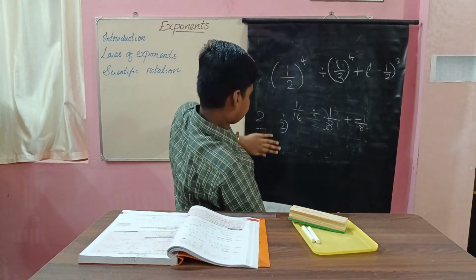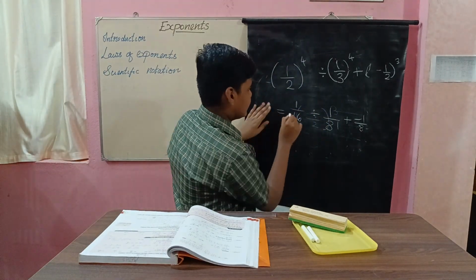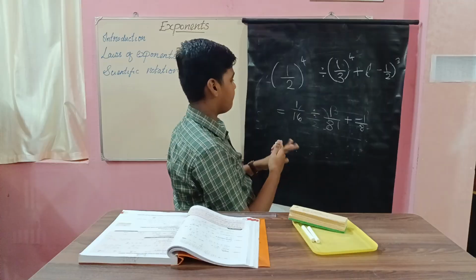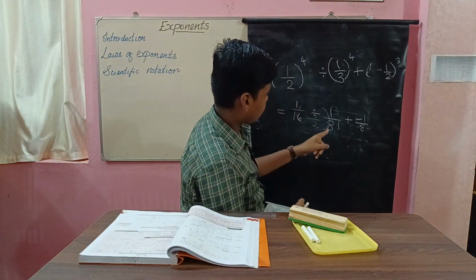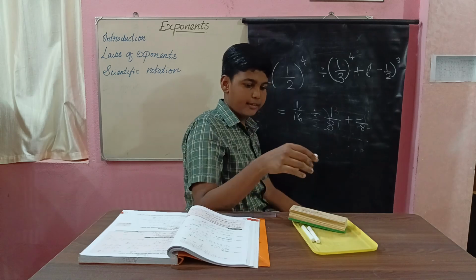Can you understand? This is the simplified form. So this became 1 by 16 divided by 1 by 81 plus minus 1 by 8.